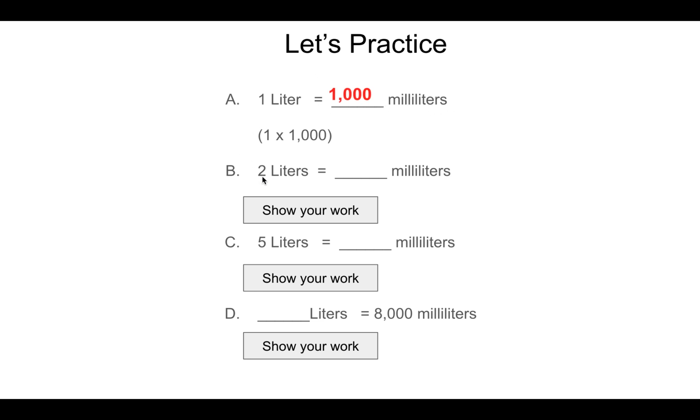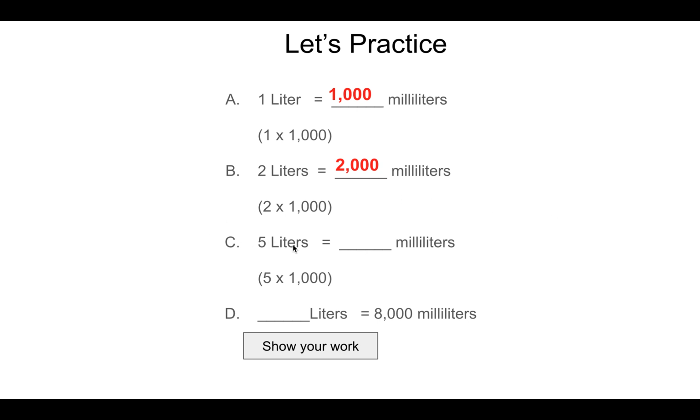If we were to change and make it now 2 liters, so 2 liters times 1,000 equals how many milliliters now? If you said 2,000, you are correct. I want you to start noticing the pattern and the rule for converting liters to milliliters.